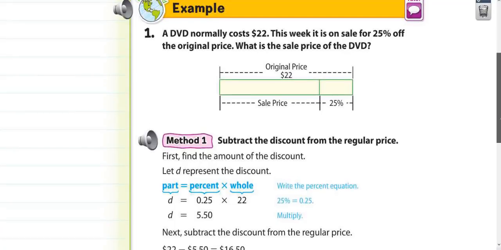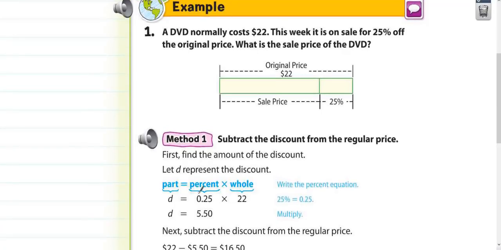So they go through and they say, all right, you've got 25% of the $22, which means you're saving $5.50. So they're telling you that this 25% is $5.50. If the 25% is $5.50, this is what you save.